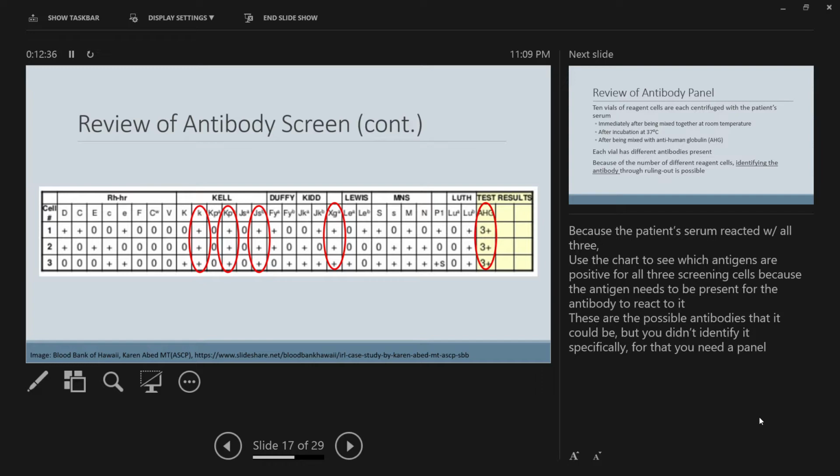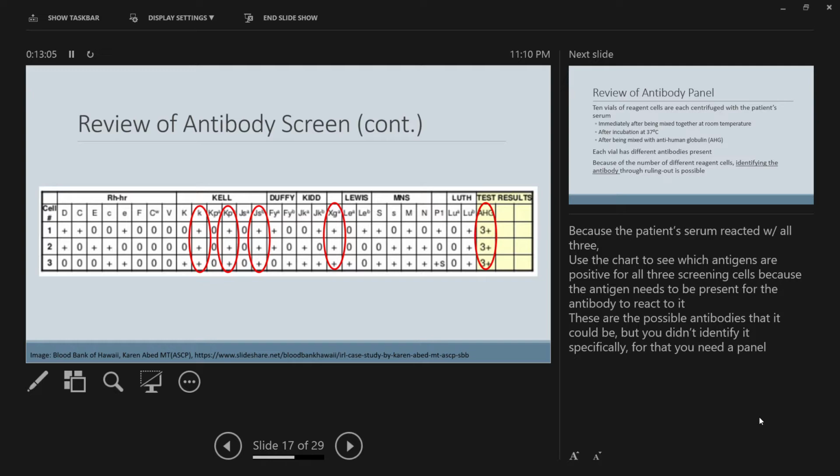So if you have a positive reaction in all three screening cells, you need to look to see for which antibodies the antigen is present on all three screening cells. If the antigen is not present on one of the screening cells, it's at the very least highly unlikely that it's the antibody.